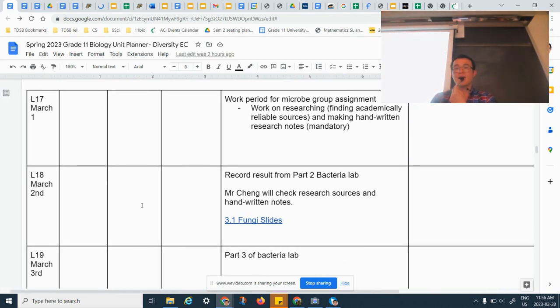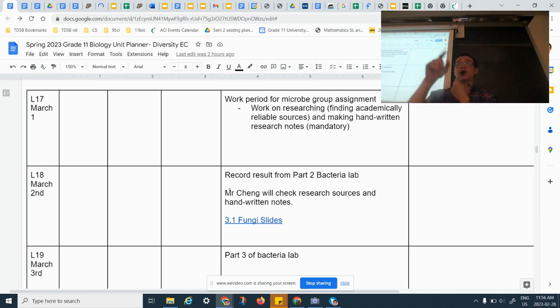On Thursday, when I come back, I will be checking your handwritten research notes as well as your sources, because it will be tragic if out of your 8 sources, 3 of them are bad, but I didn't see it and don't say anything until you hand in your final product and then you get your mark docked. It's better that I check right away. So if I see that 3 out of 8 are bad, you will need to replace those 3.